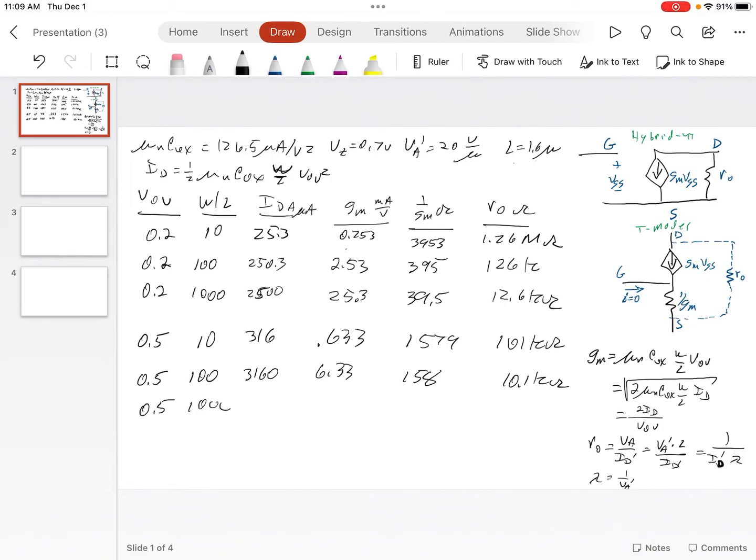And if we go all the way up to 1,000, we've got 31,000 microamps, 63 milliamps per volt, 15.8 for that resistance, 1 over gm on the T model, and 1.01K for r_o.